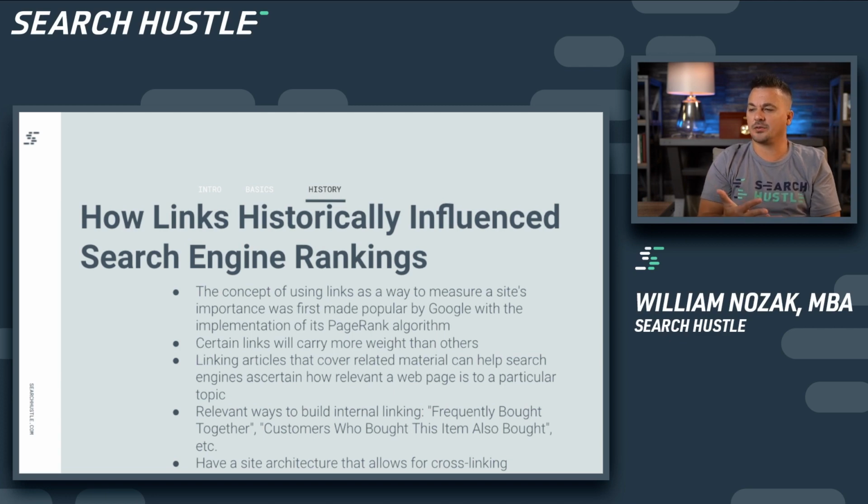Linking articles that cover related material can help search engines ascertain how relevant a web page is to a particular topic. So if I have a piece of content and I'm covering everything about it, this is the complete guide to XYZ. In that document, if I'm linking to relevant additional content, what I like to call ancillary pieces or horizontal pieces, super important.